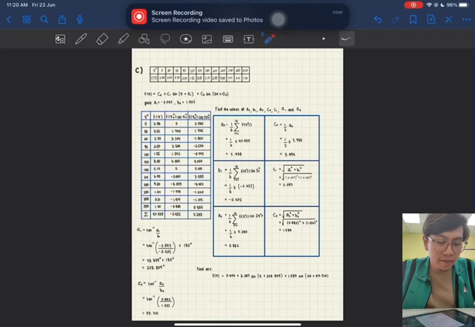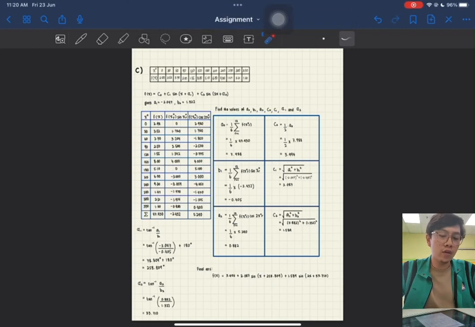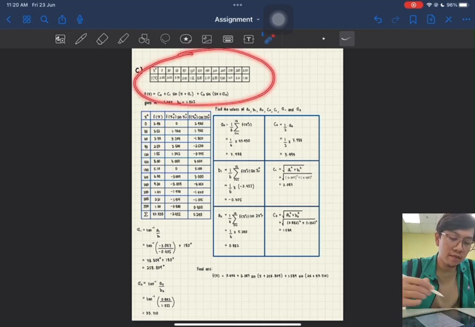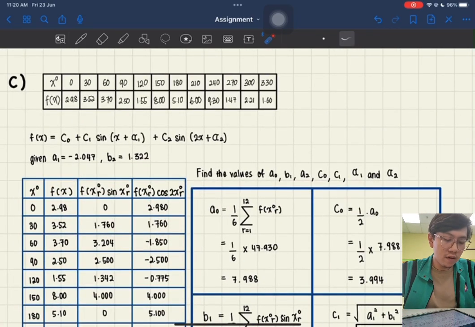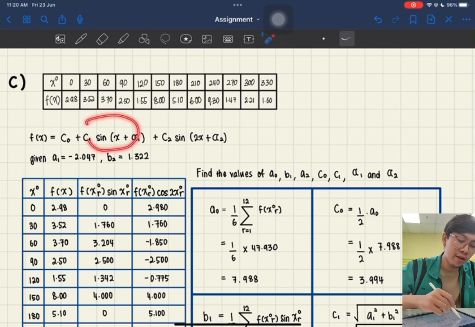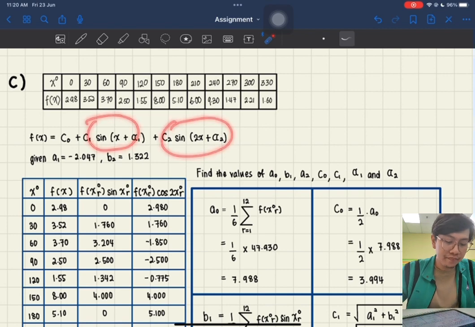Okay, thank you Nazmi. Now I will continue with question C. We need to rewrite the data from the question, which is this one. Because the question asks to find the second harmonic, this is the first harmonic and this is the second harmonic.